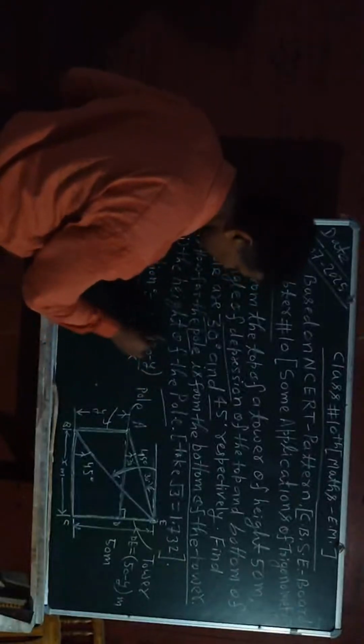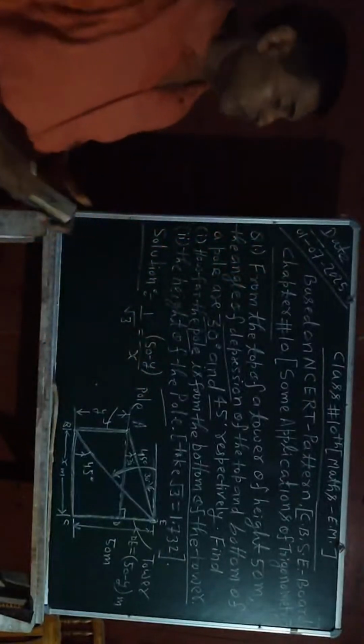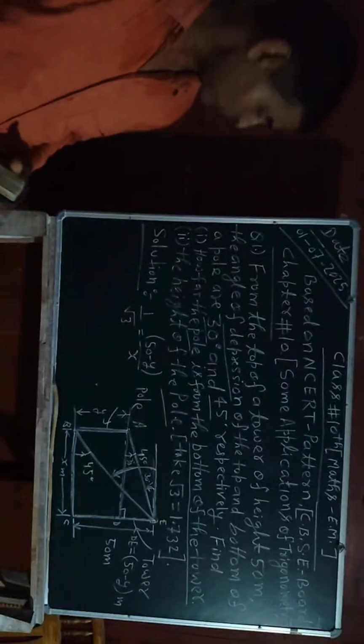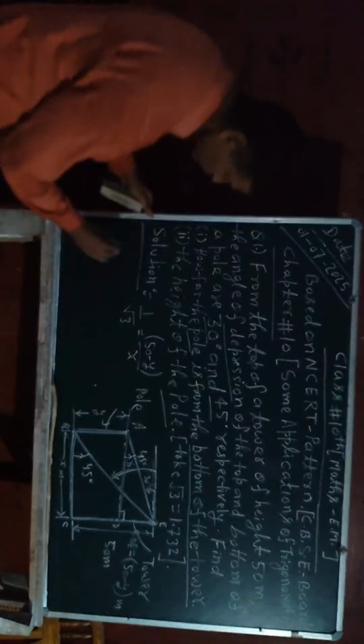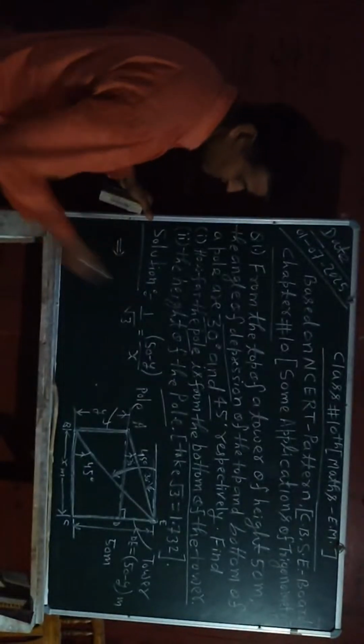Okay. Now further I will simplify it, and after simplifying I will get a linear equation in two variables. That will be a particular straight line. Okay. Now I am going to do cross multiplication for getting its solution.